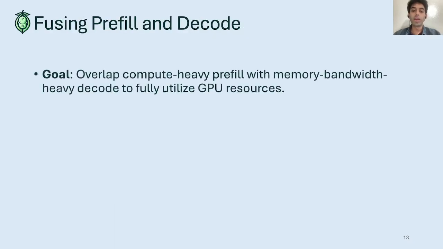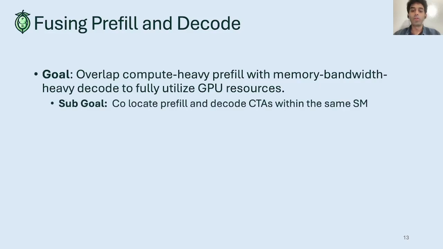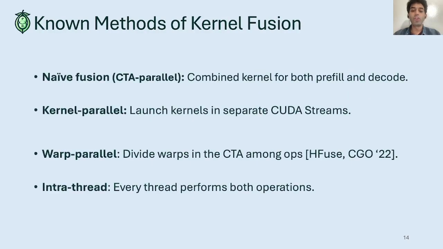Thus, to achieve the best performance and reach our goal of overlapping compute-heavy prefill with memory bandwidth-heavy decode, we establish a new sub-goal of co-locating the prefill and decode CTAs within the same SM so that the warp scheduler can overlap them. For this, we go over existing methods of kernel fusion and find that they all have limitations.